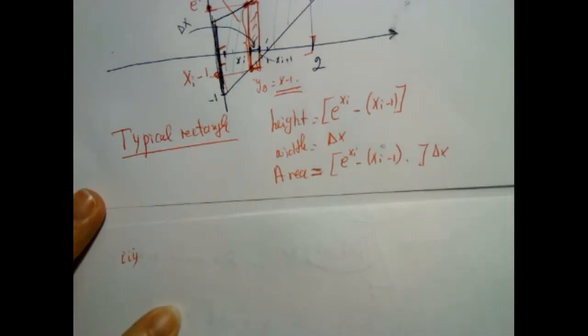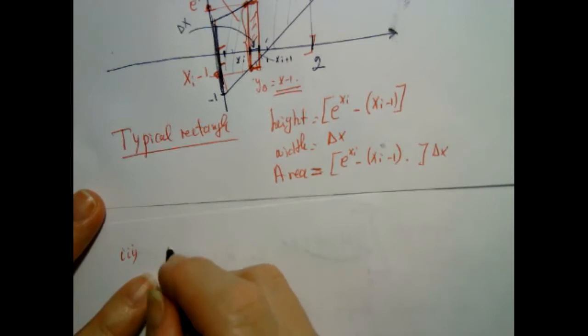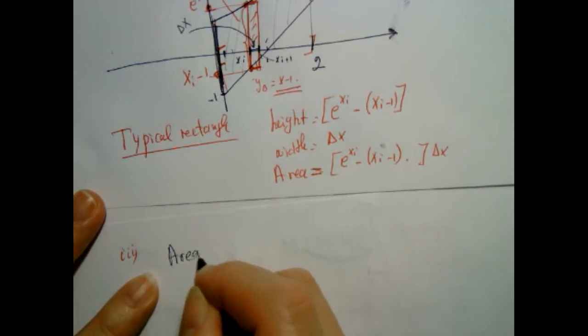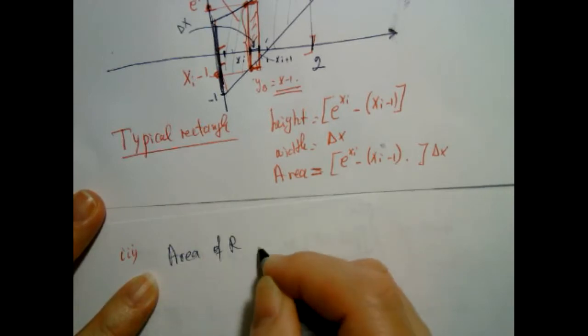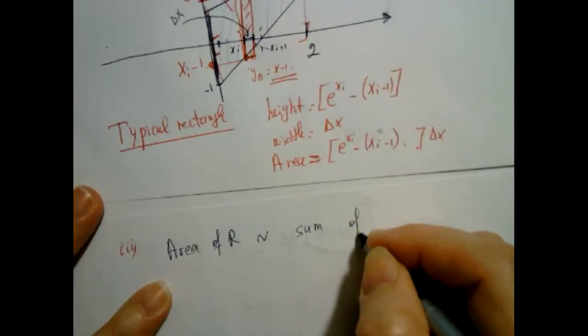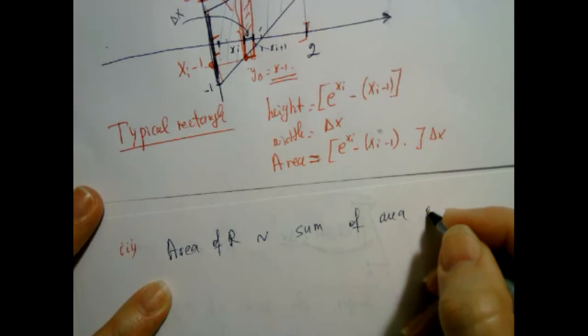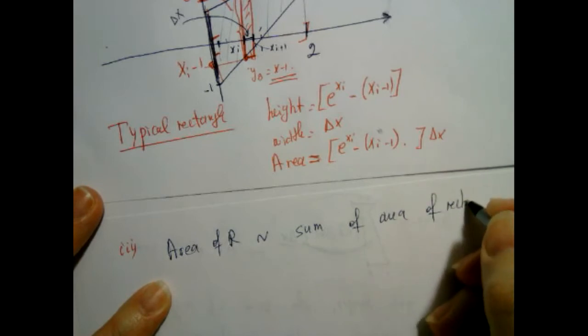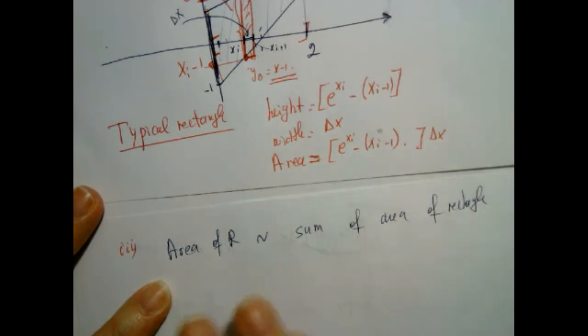So basically, what I have in my mind means the area of the region R is almost equal to the sum of the area of the rectangles. Almost equal.